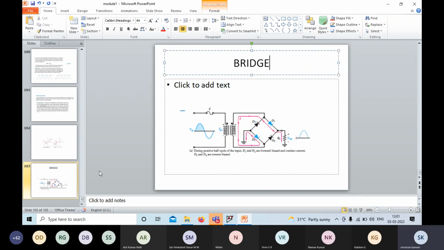Can you try this full bridge rectifier now? You require only two inductances, L1 and L2. Can you try this? Yes, sir. Okay, try. Can I construct the circuit and verify the result?